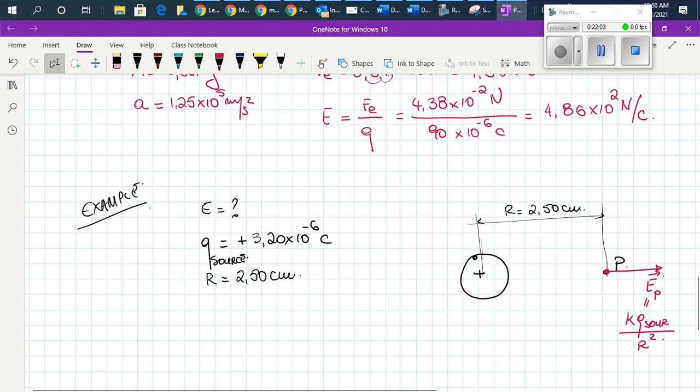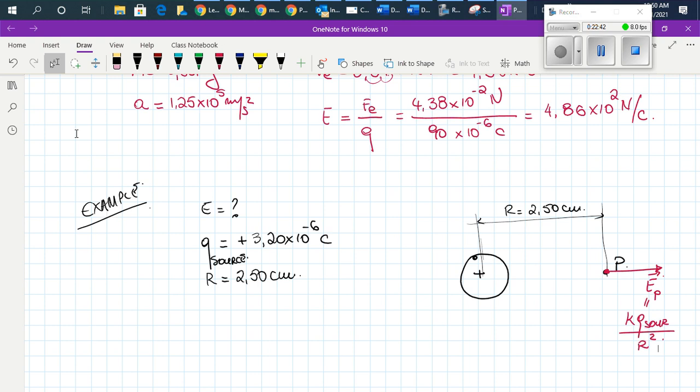As a vector, this is what I said before: when you're figuring out the electric field strength, you are using one way to figure out direction, and that way is placing the test charge at the point and then looking at the interaction, and that will be the direction. And the magnitude is either using Fe over Q or KQ source over R squared.